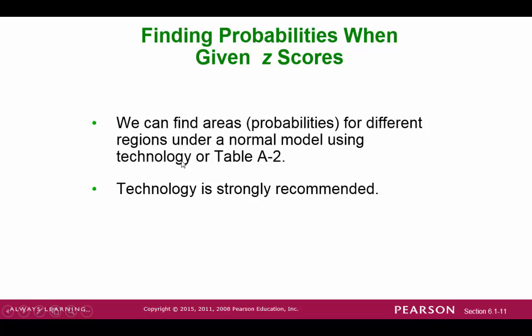So one way to find this is to use table A2. This method is highlighted in the textbook. I will not go over this method on this PowerPoint because I strongly encourage the use of technology, and our main technology for this class would be our calculators.